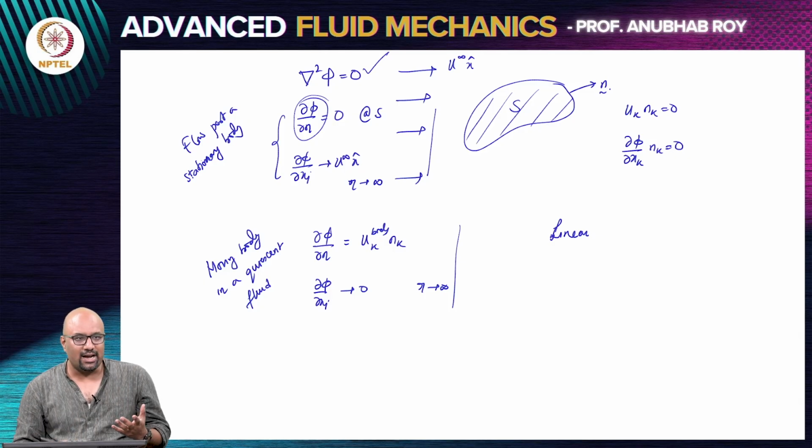So, everything seems great, but then if you start thinking a little bit, immediately you realize you started out from Euler's equation. Euler's equation is not linear, it is a nonlinear equation.